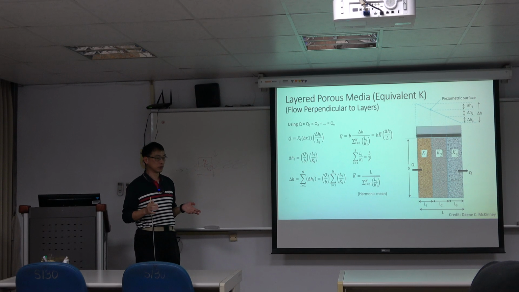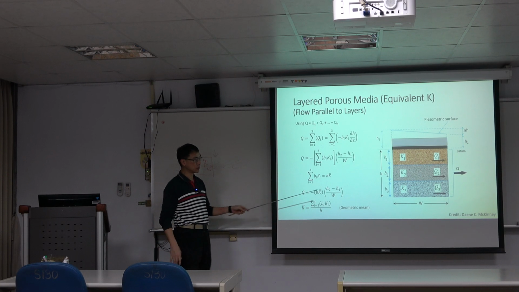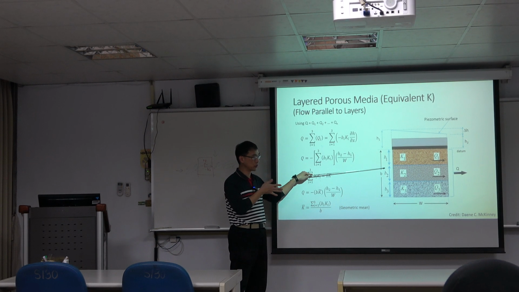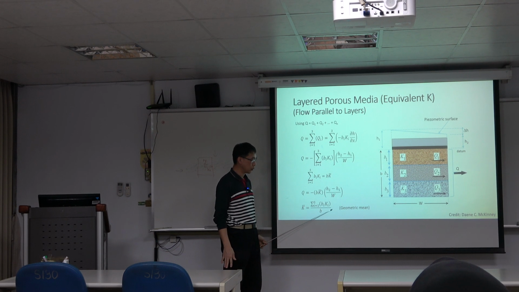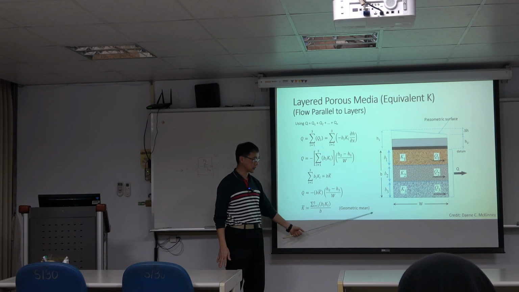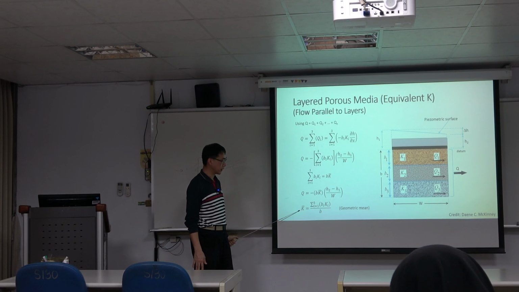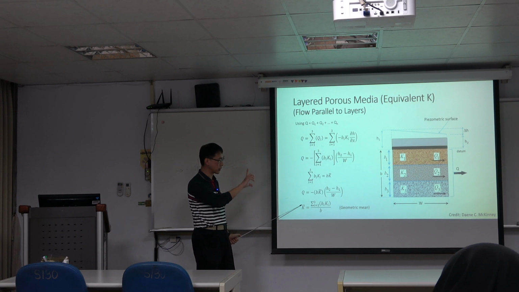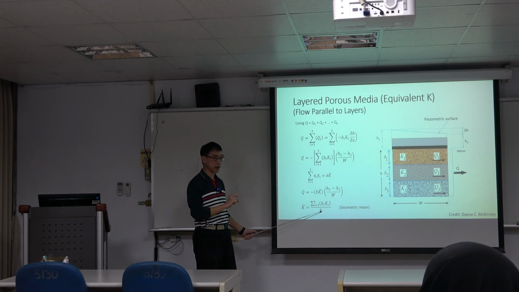They look like a kind of average, okay, but the average will be different in these kinds of situations. Parallel to your flow direction, your formation directions, you will have the geometric mean concept. So your equivalent K multiplied by your total thickness will be the summation for each of the layers, okay?